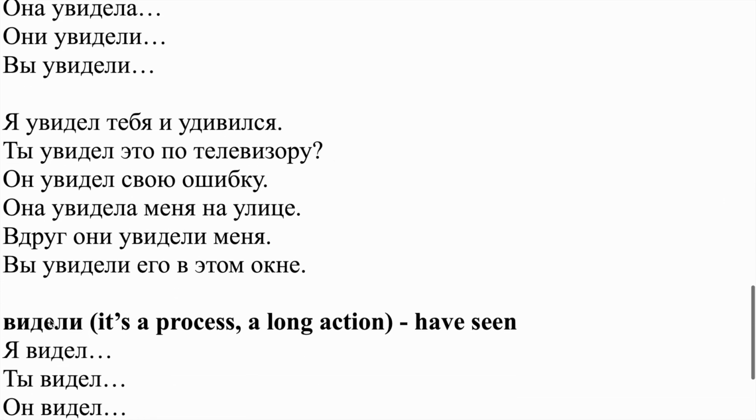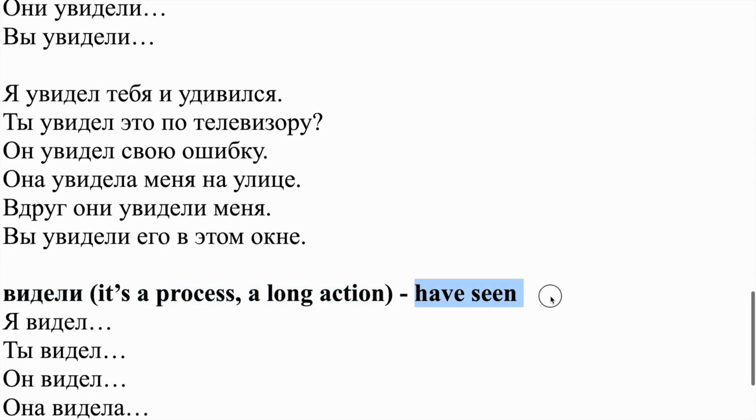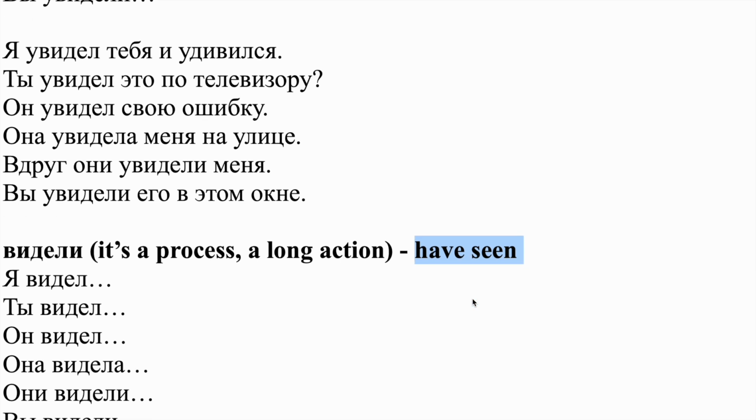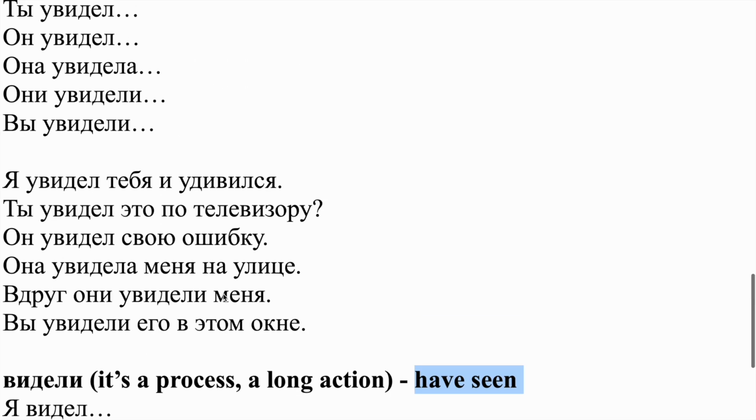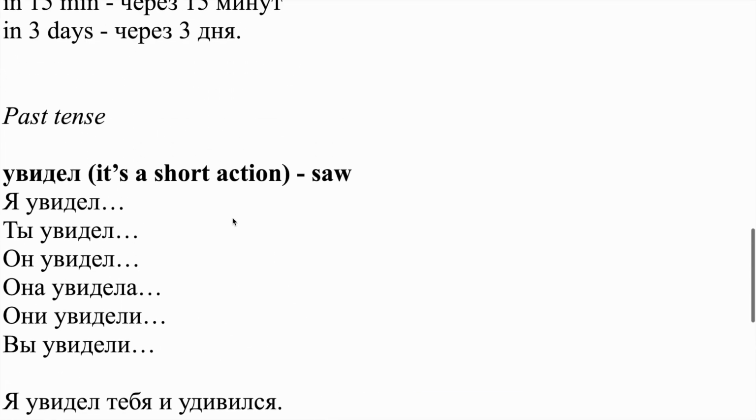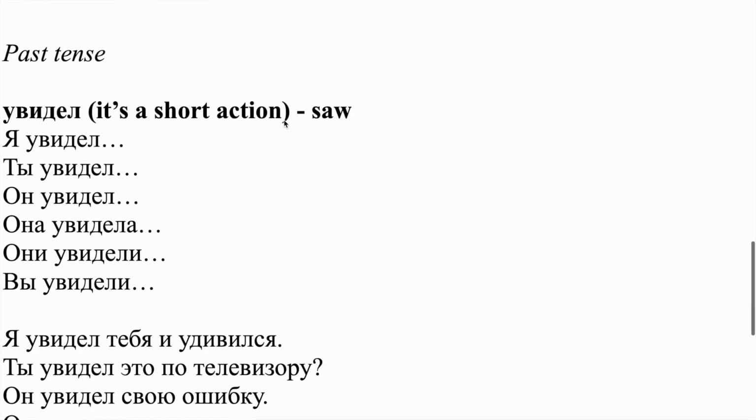When we're talking about a process or a long time in the past, it's this construction: I've seen, you've seen, he has seen, and so on. I hope if you're a native English speaker, you understand me very well about this example. Of course, I will explain everything with my Russian examples.